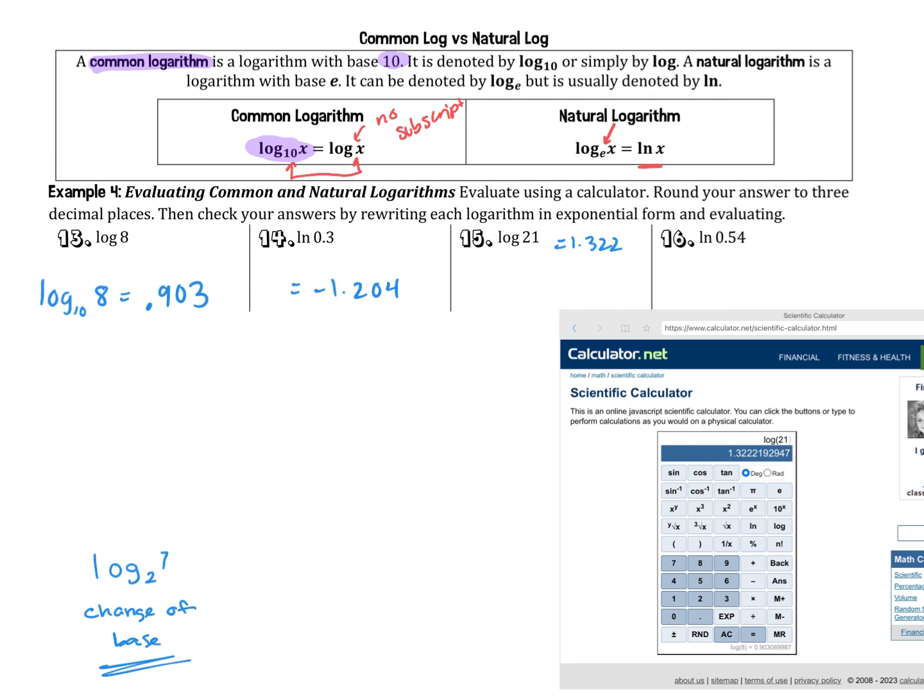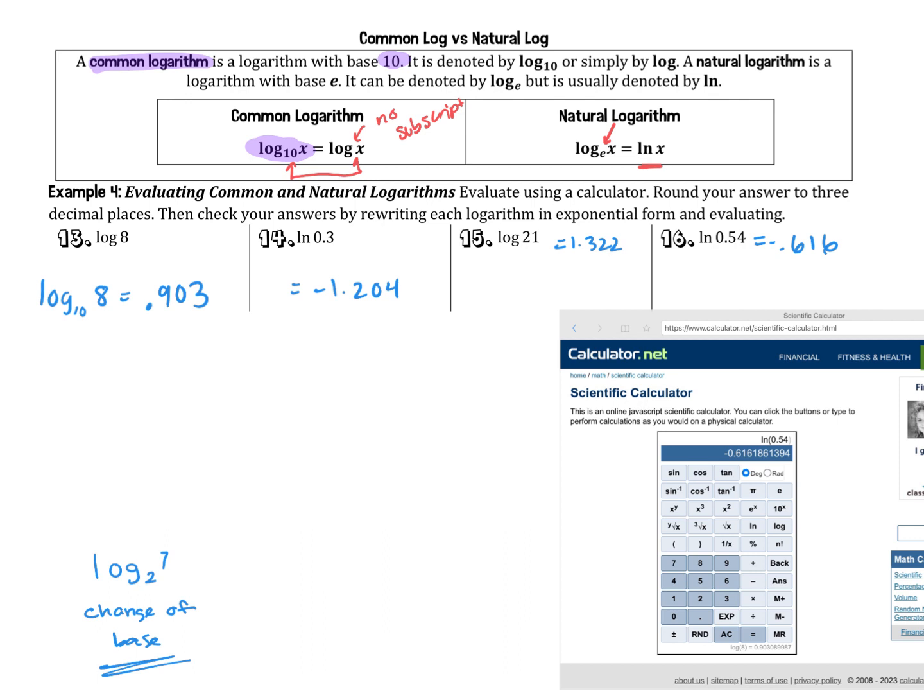And natural log of 0.54 is going to be equal to negative 0.616. There we go.